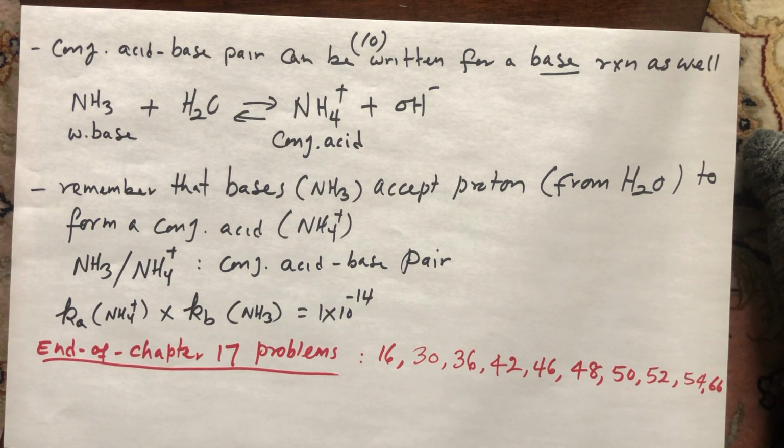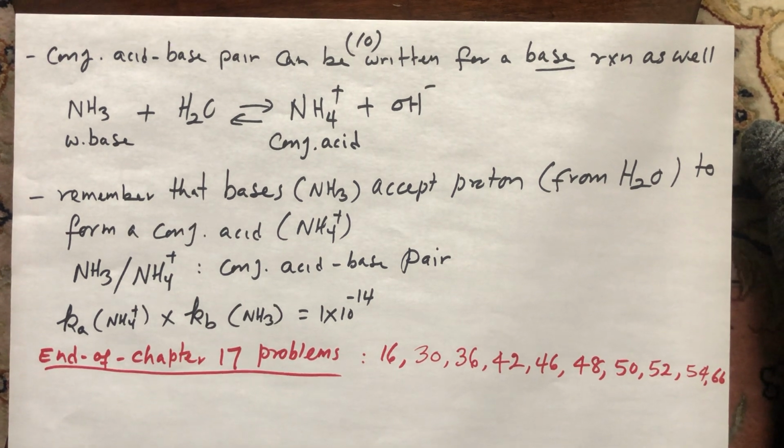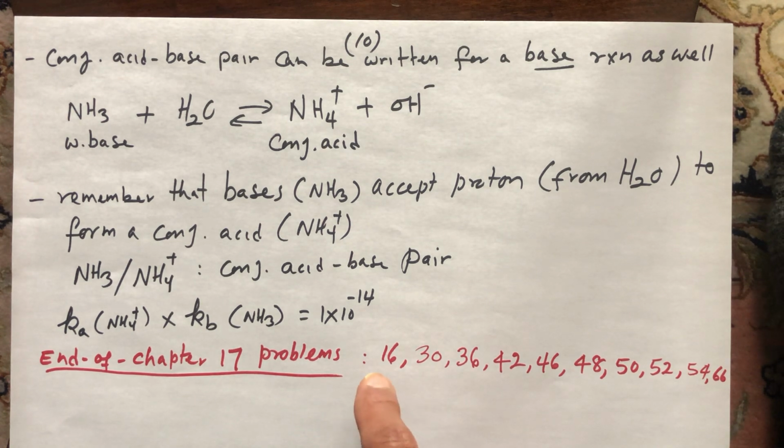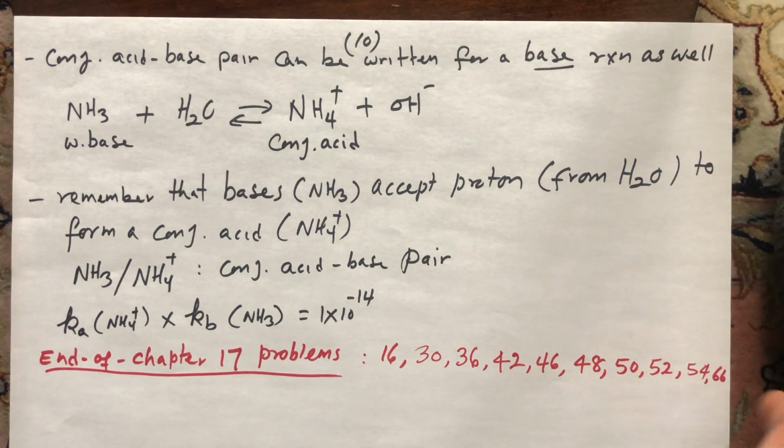I'm going to stop right here for today's lecture, but I also want to give you the end of chapter problems that I promised you last week on Thursday when we had that virtual classroom meeting. I have listed the problem numbers at the end of chapter 17: number 16, 30, 36, 42, 46, 48, 50, 52, 54, and 66.